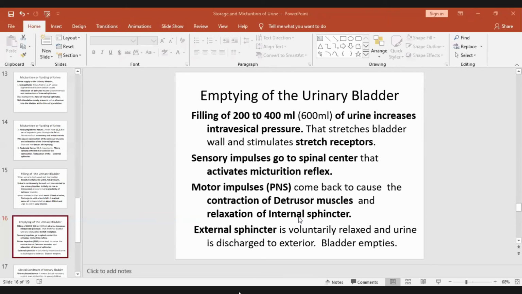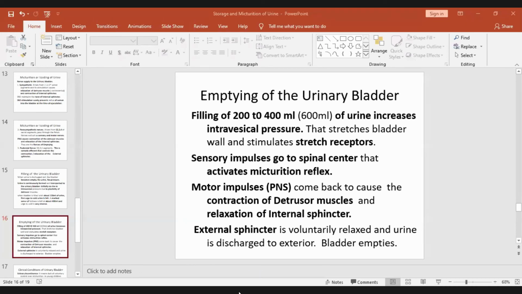Sometimes the problem develops as a result of damage to the spinal cord, or different systems. So there are other conditions. Number one is continence and incontinence. Try to understand these two words.